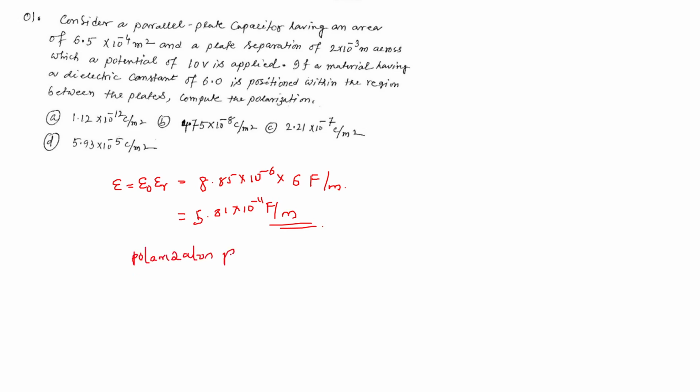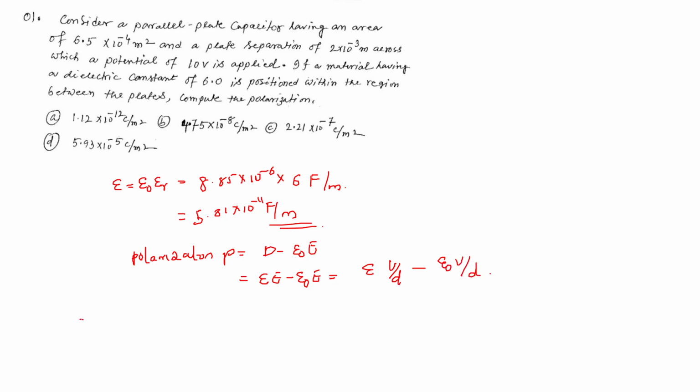Polarization P = D − epsilon 0 E. So it will be epsilon E − epsilon 0 E, which we can write as epsilon V/d − epsilon 0 V/d.